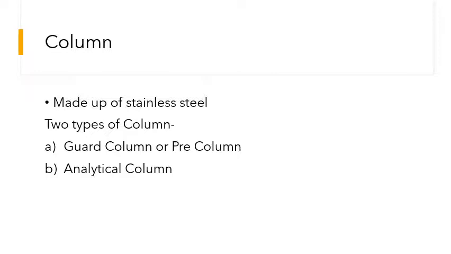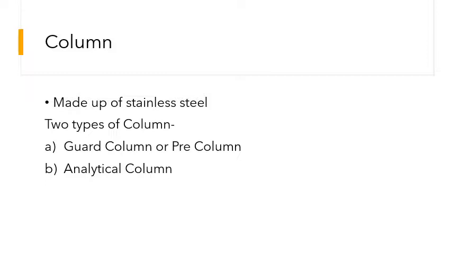The stationary phase is the same in both columns, but we first pass the sample through the guard column and see the result. This is used to minimize contamination.